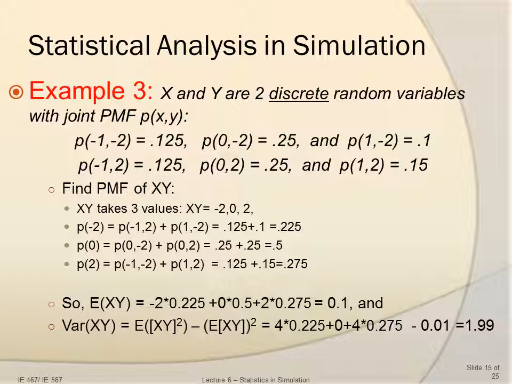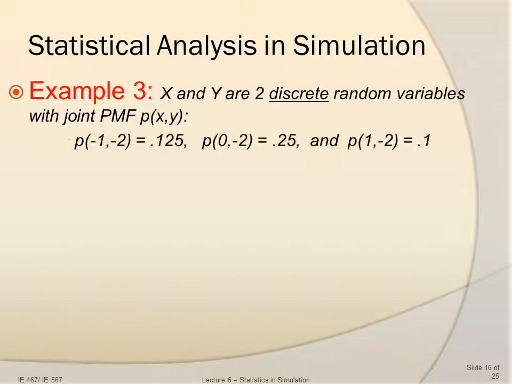So the second term is going to be 0, and the third term is going to be 2 squared multiplied by the probability of 2, which is 0.275. And then of course we need to subtract the squared expectation of xy, which is 0.1 squared. And so we get 1.99 as the variance of xy.